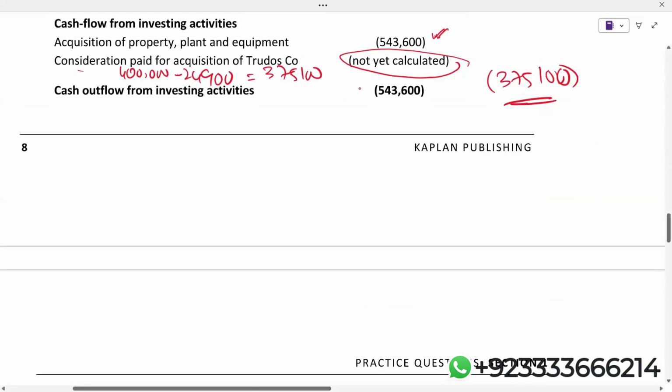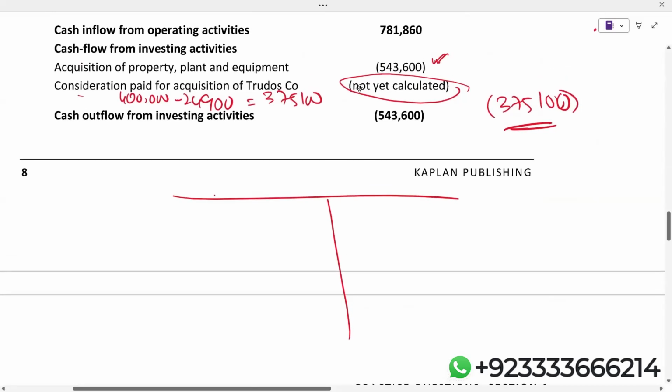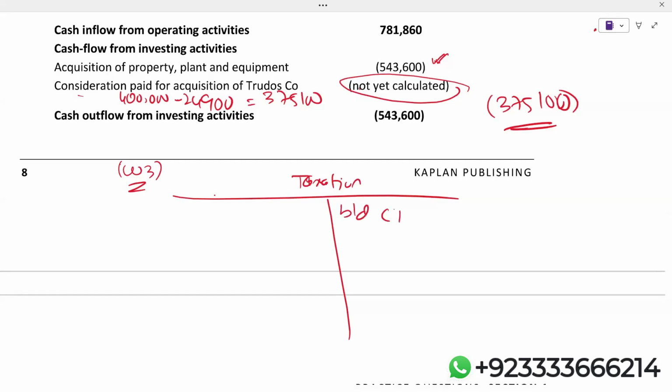Taxation, I can make the T account here. Working 3. BD, current tax, deferred tax; CD, current tax, deferred tax. Then in profit and loss statement, if you have tax, obviously you will have it.